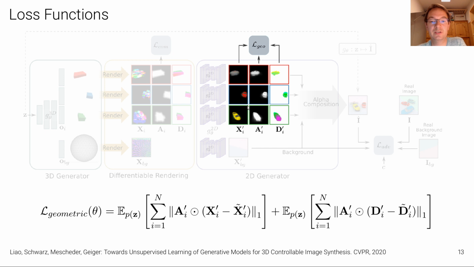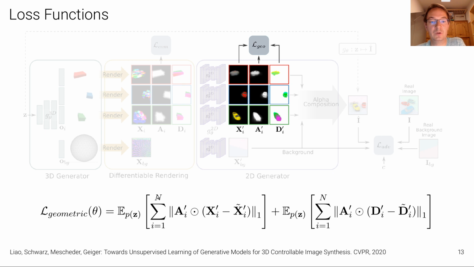So what we do here is we take a feature representation xi prime and compare it to the same feature representation after randomly transforming the object in 3D, rotating and translating the object, and warping it back according to the corresponding depth map. We always have the depth map, so we can always warp all the pixels back.